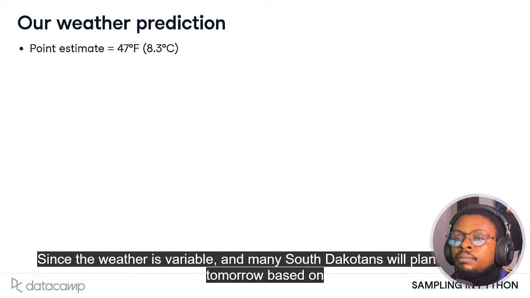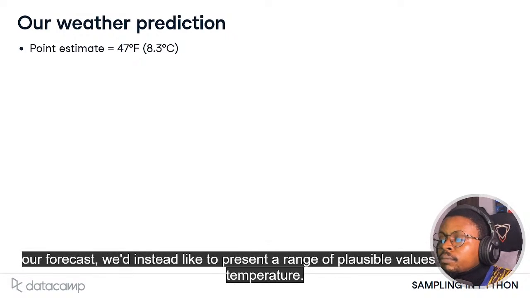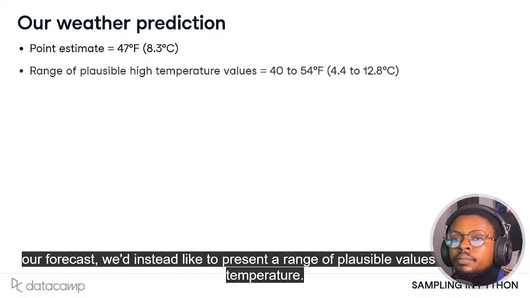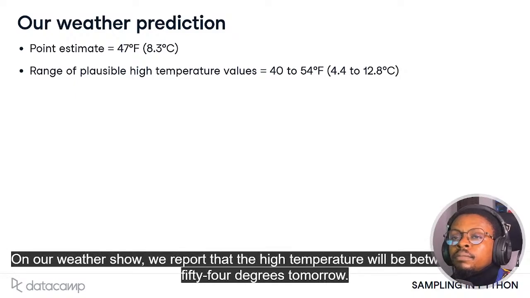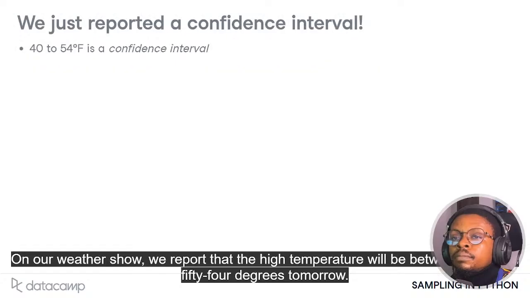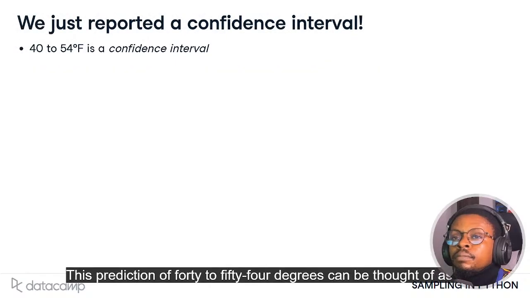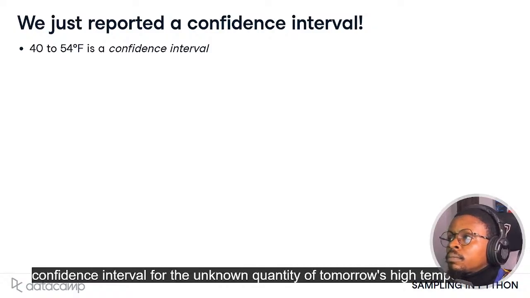Since the weather is variable, and many South Dakotans will plan their day tomorrow based on our forecast, we'd instead like to present a range of plausible values for the high temperature. On our weather show, we report that the high temperature will be between 40 and 54 degrees tomorrow. This prediction of 40 to 54 degrees can be thought of as a confidence interval for the unknown quantity of tomorrow's high temperature.